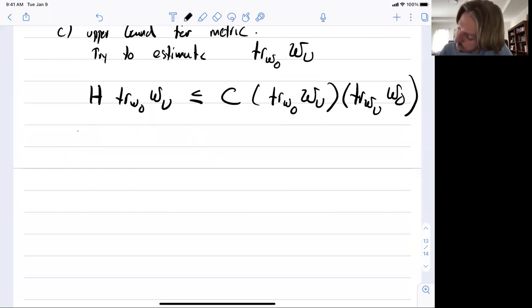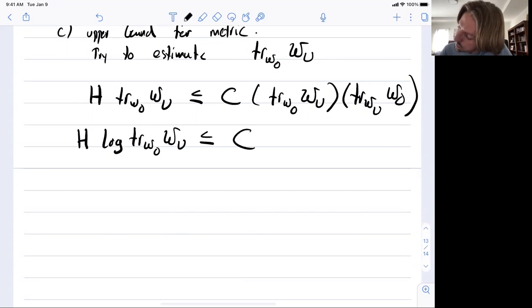But you can take this one step further to simplify things and take a log. And again, I'm suppressing some estimates here, but this will be bounded above by some constant times trace with respect to omega u of omega naught.